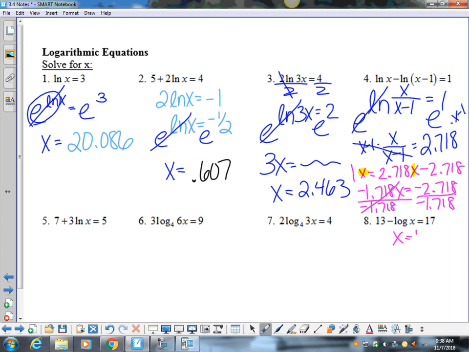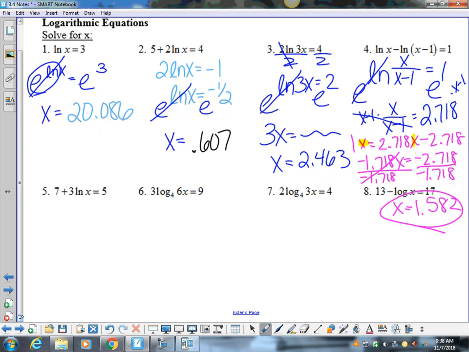What we got? That was a good one. I like that one. Okay. Let's roll. Let's start rolling through these. What do we got? Subtract the 7. Next.